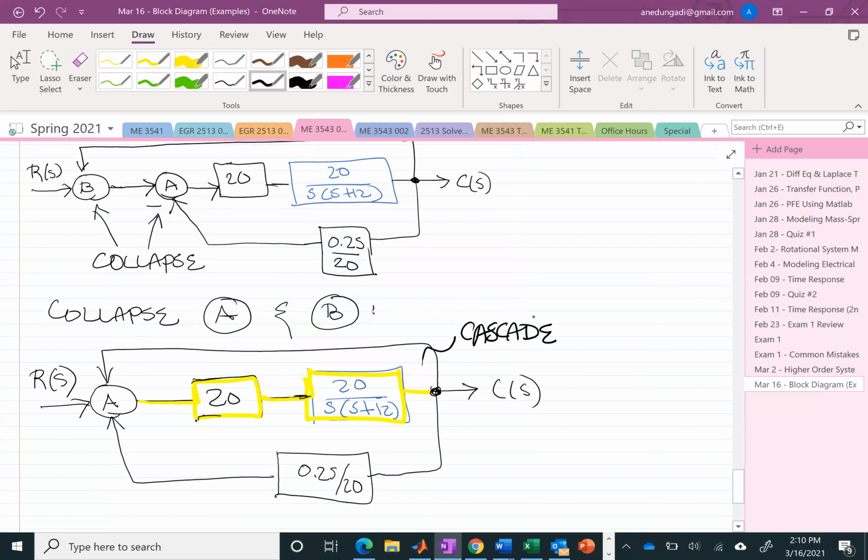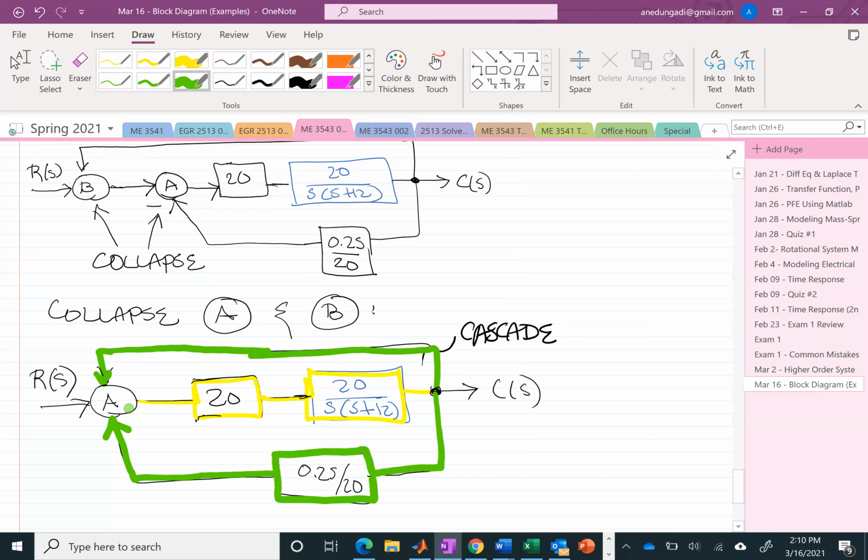Correct. And parallel would be, hopefully you understand what I'm trying to do here. That's one parallel path, and then the other one is right there. Both are minuses, right? And that's parallel.